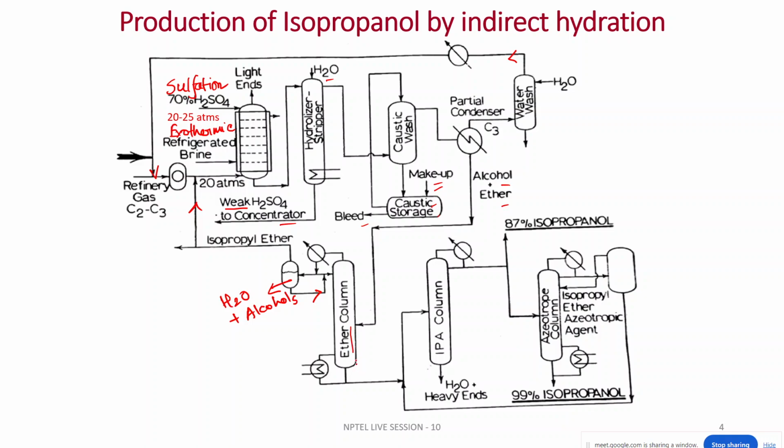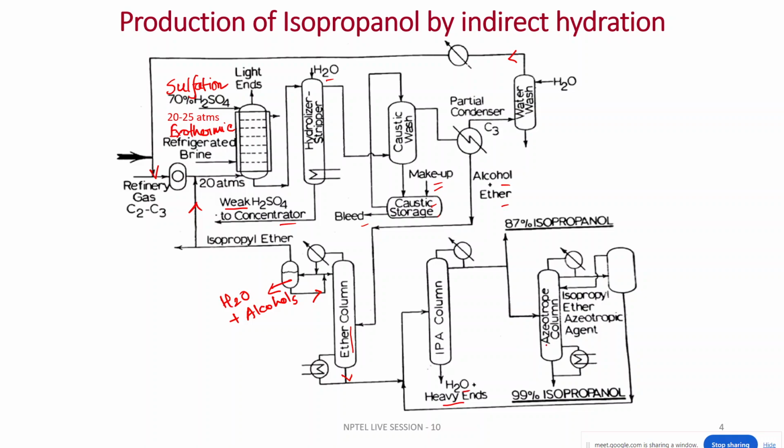So the point is, the bottom product of the ether column has further heavy ends that can be fractionated through the isopropyl alcohol column. From here, at the bottom product we can get water and heavy ends, and the top product is further taken to the azeotropic distillation column.